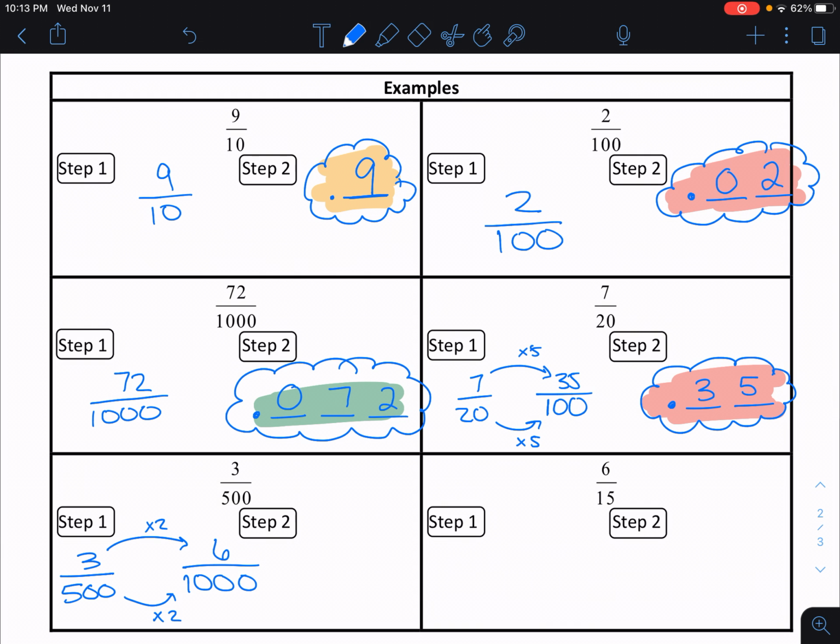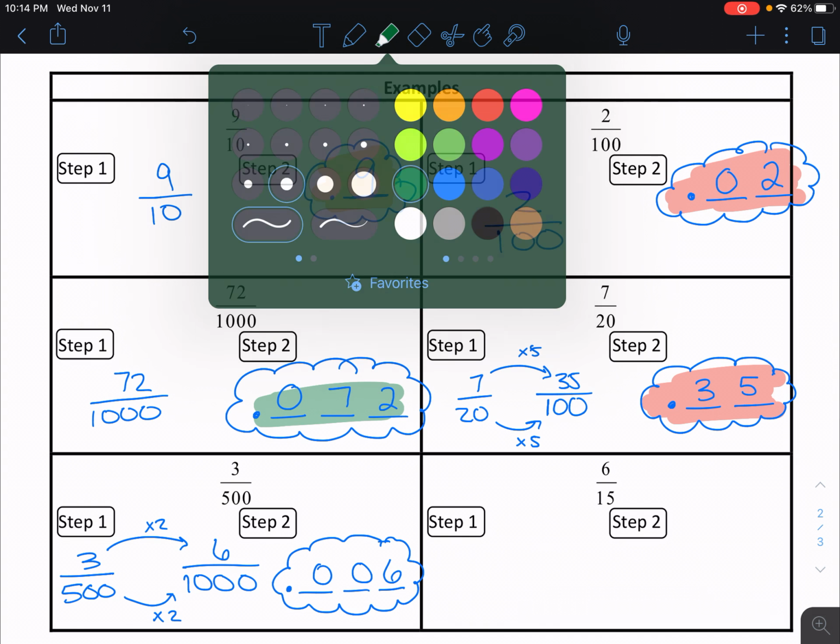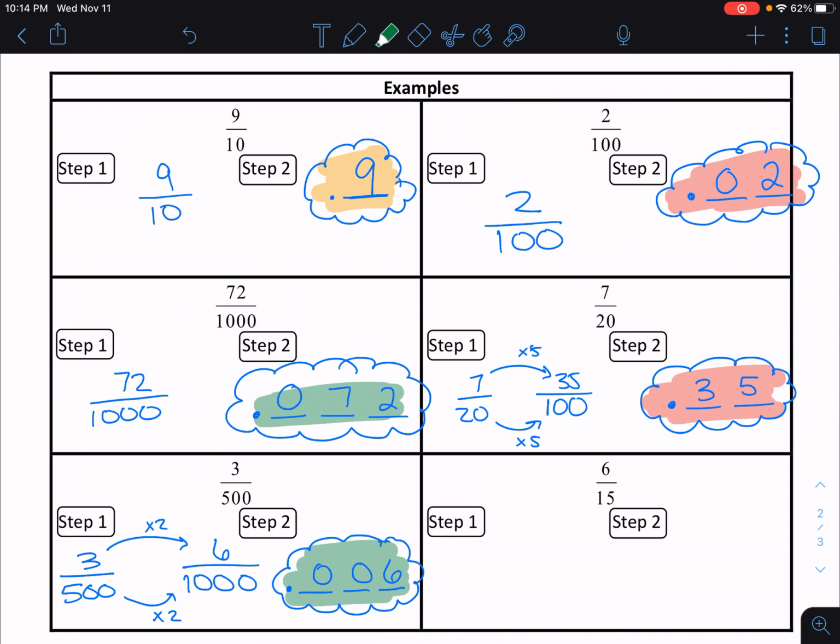Because my fraction is out of 1,000, when I write my decimal, I'm going to have 3 places. 1, 2, 3. And I know that my number must end with 6. So there's going to be 2 zeros in those placeholder spaces. And this is my 1,000 on the bottom.